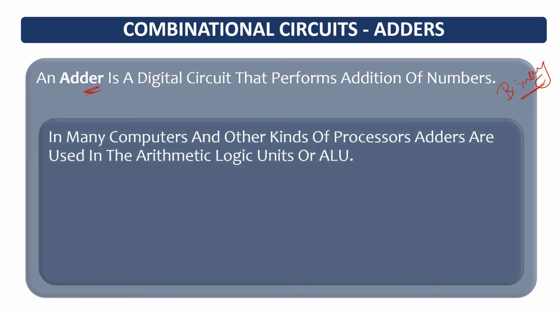the second point says in many computers and other kinds of processors, adders are used in ALU or arithmetic logic units. So a simple question, where can you find the adder? As we know the term ALU, arithmetic and logic unit. Your processor, your CPU contains two sections, two units.